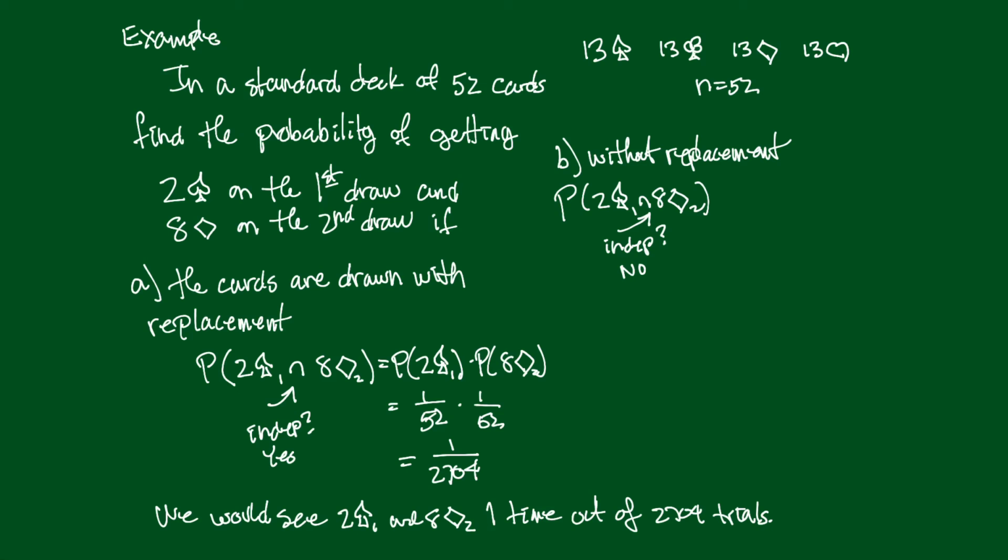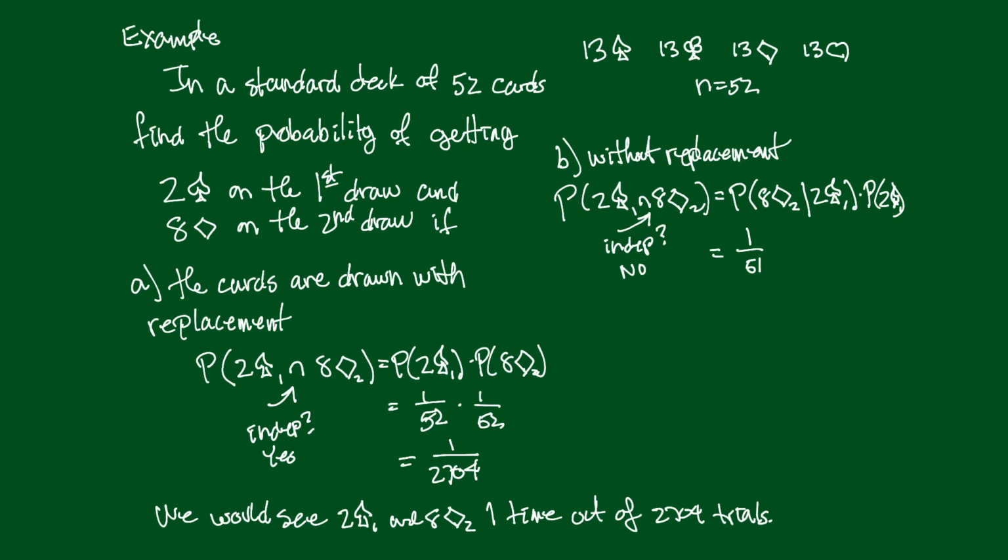So what I'm going to write here is, what is the probability of getting an 8 of diamonds on the second draw, given that I got a 2 of spades on the first draw, times the probability of a 2 of spades on the first draw. So what's the probability of getting an 8 of diamonds on the second draw? Well, there's only 51 cards now, right? Because you took the first draw out, and there's only one 8 of diamonds.